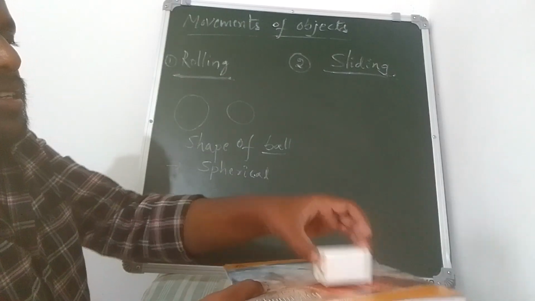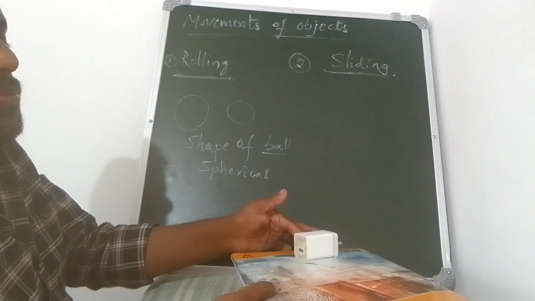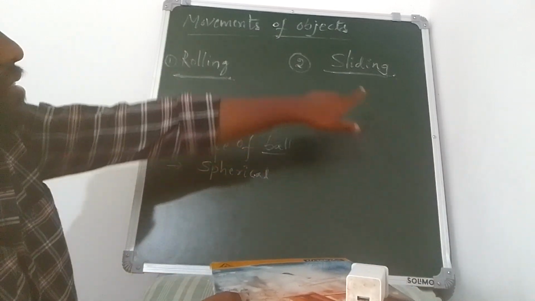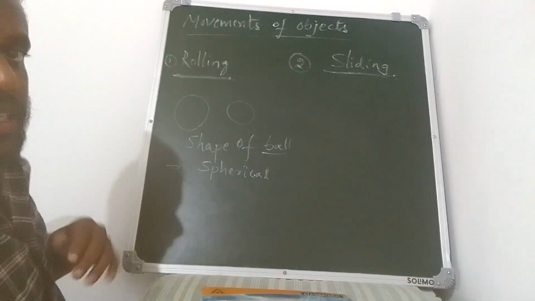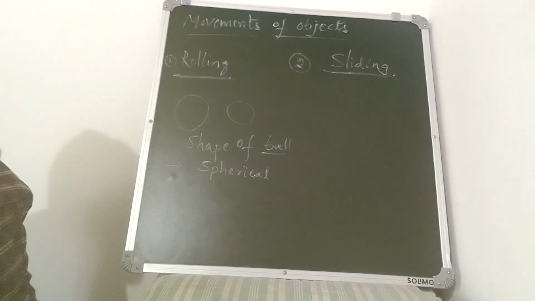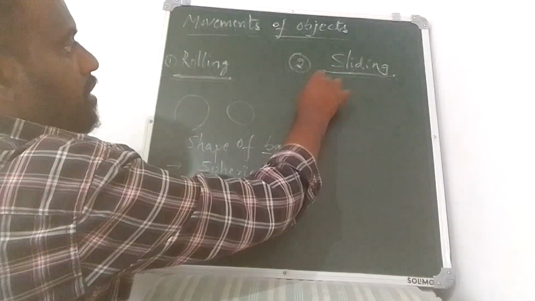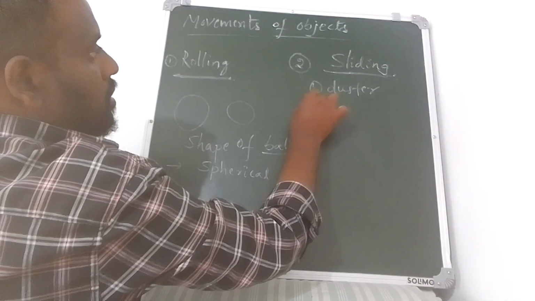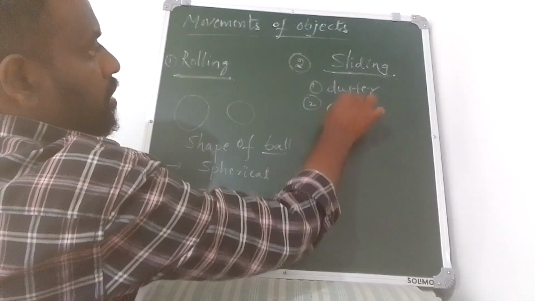Observe how it is moving. This movement is sliding. Got it? So the example I said was the duster movement. Another one is the charger movement.